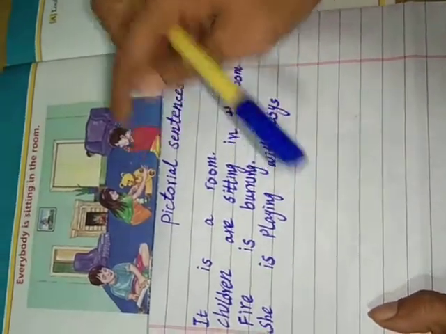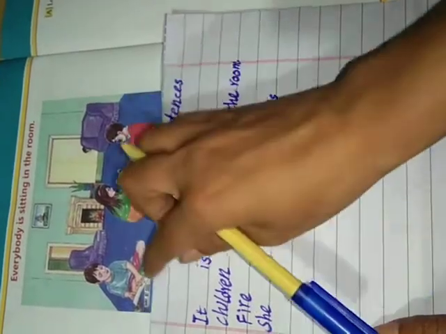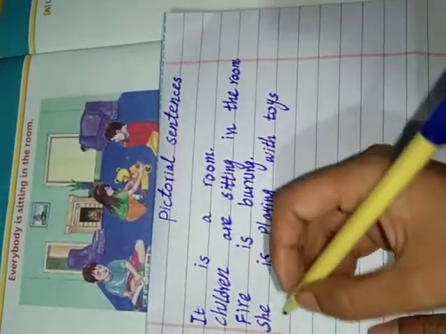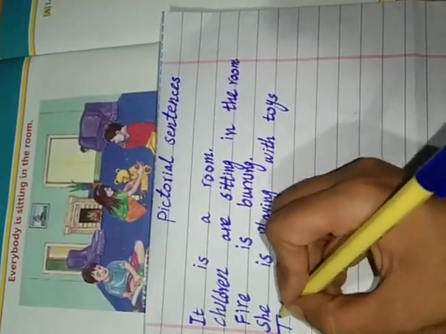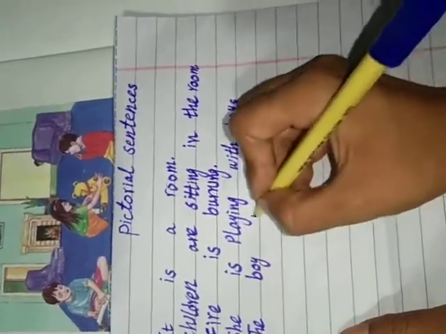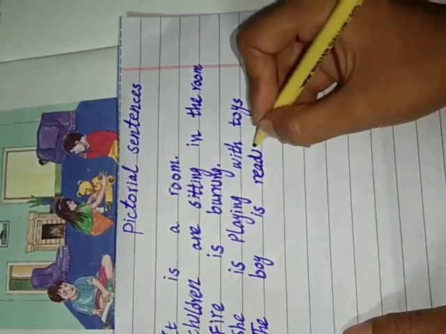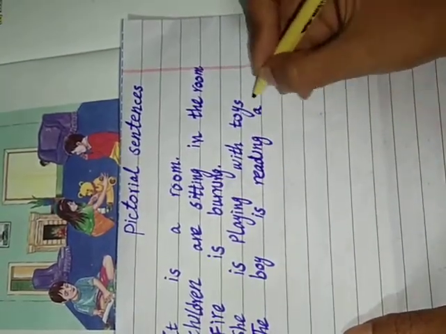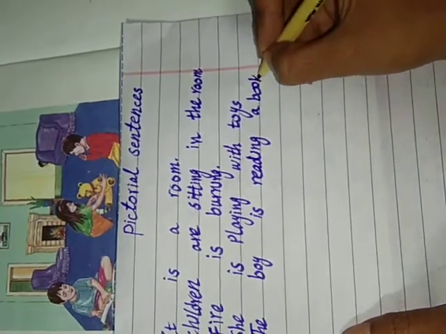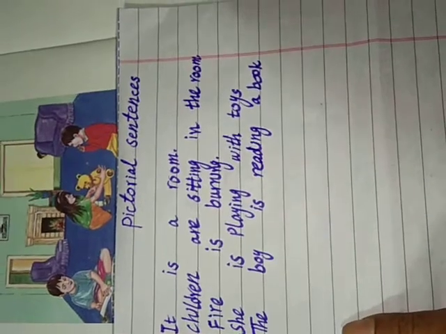She is playing with toys. Next, look at the boy. What is he doing? The boy is reading a book. Here we have written about the action which is performed by boy.